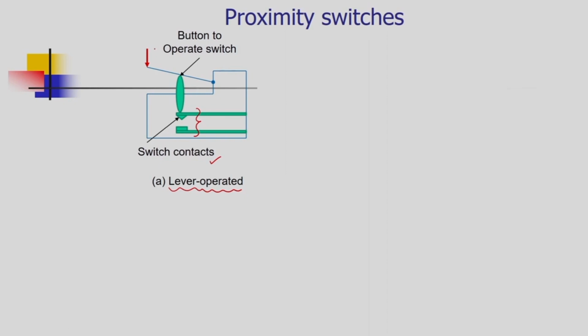When we apply a force at the end of this switch, the contact will close. There is a contact of these two elements, and then there is a flow of current inside the circuit. This is a typical switch we also use at our domestic level.